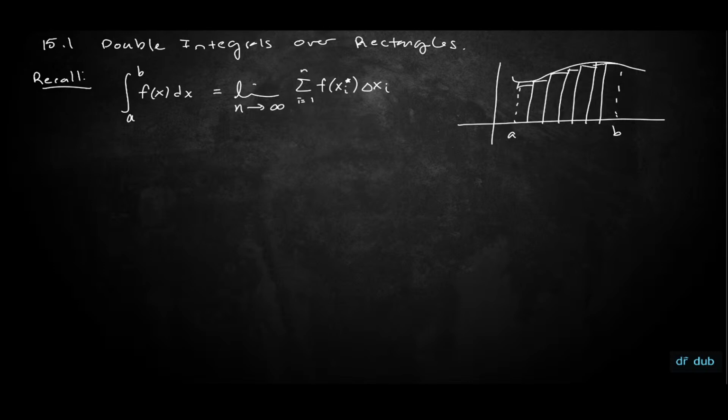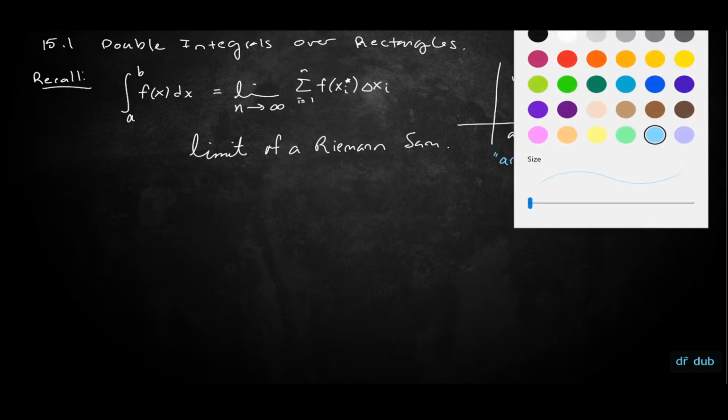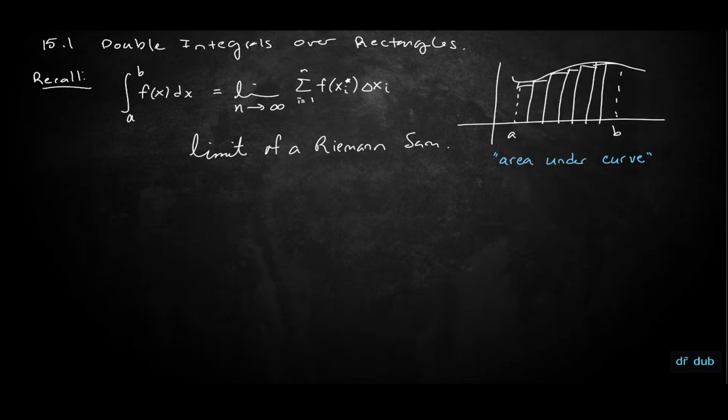So an integral was a limit of a Riemann sum. And we basically were trying to find the area under the curve. So the integral was the area under the curve. That's what we kept saying in Calc 2 over and over and over. Integral is the area under the curve.